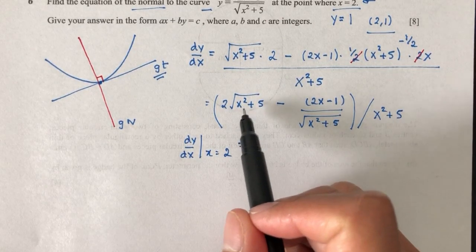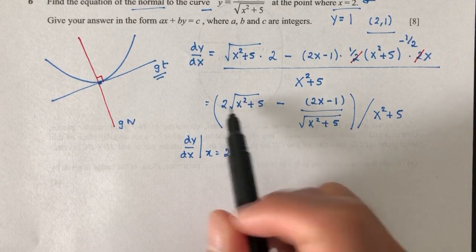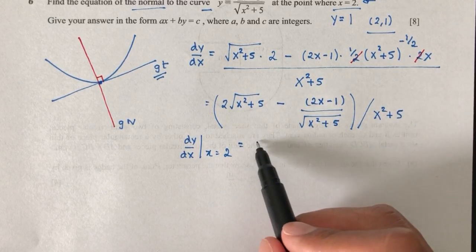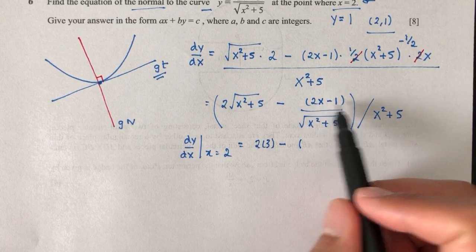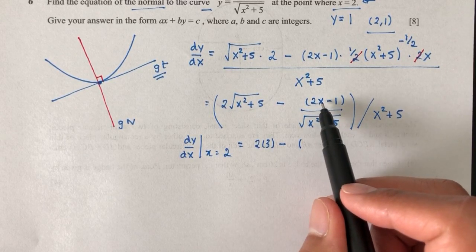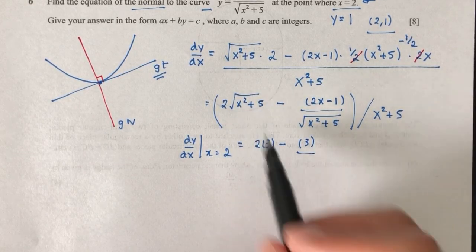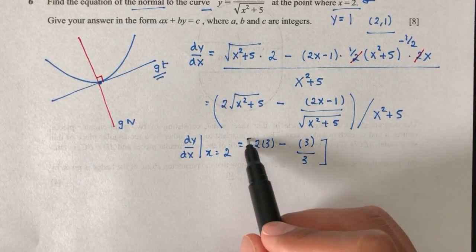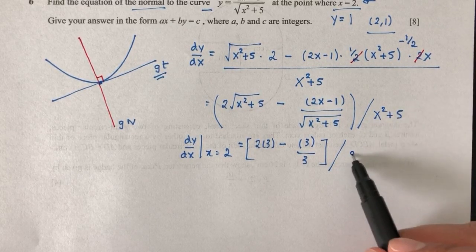So for the first one, that will be 2 power 2 is 4 plus 5 is 9. So 2 times square root of 9 is 2 times 3. Now, minus the top will be 2 times 2 is 4 minus 1 is 3. Divide by 3, same thing, 3. And this whole thing divided by this, 3 squared, that will be 9.